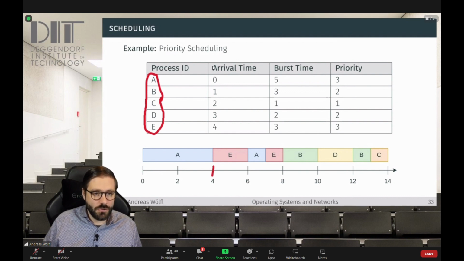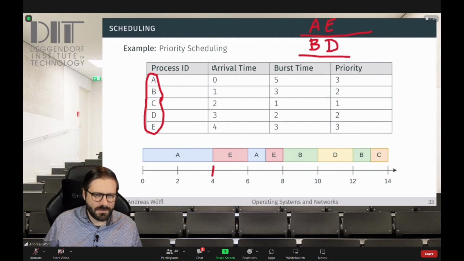So again, new arrivals are added first. A is currently executing, and then E. On level 1 we have C. On level 2, we have B and D.